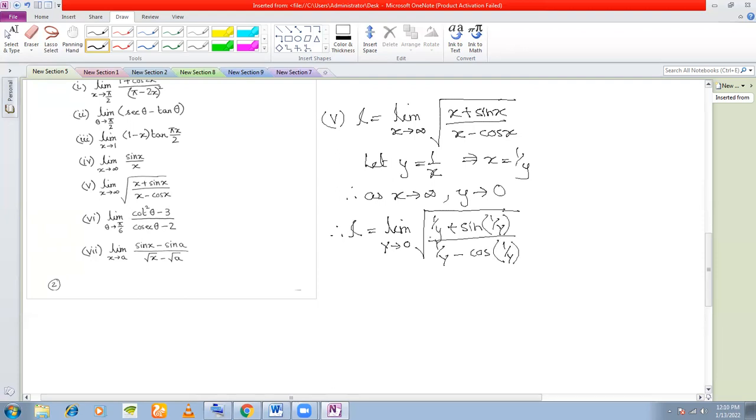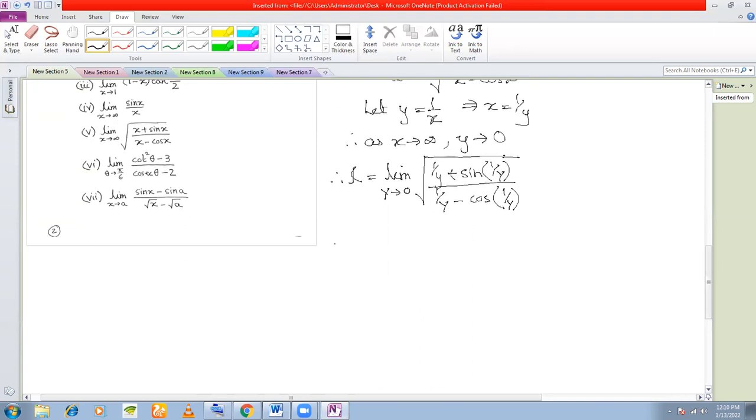Okay, which is equal to limit y tends to 0. Now if I take the LCM in the numerator and the denominator, I am going to get 1 plus y sine 1 by y, right?